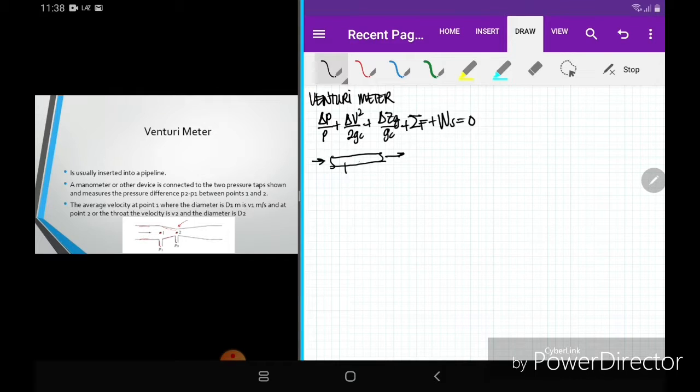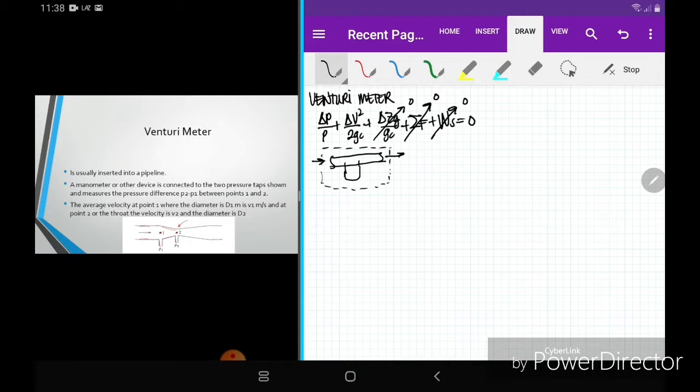Then you have your pressure taps. Okay, so as you can see, ito yung system natin. Mas maliit siya. So therefore, we can assume that yung friction losses is equated to 0. Walang pump. So shaft torque is equivalent to 0. And there's no elevation.